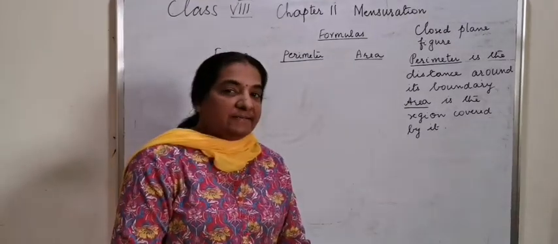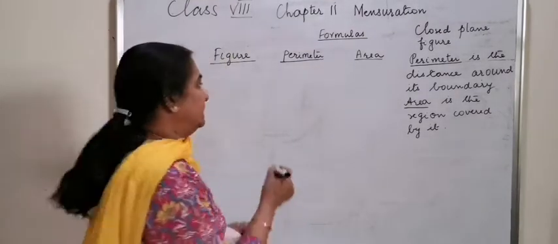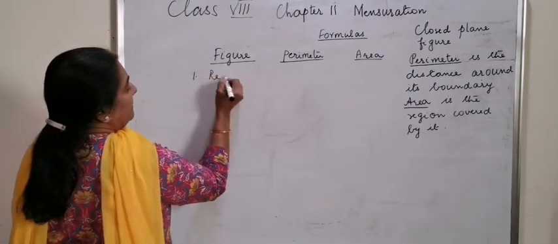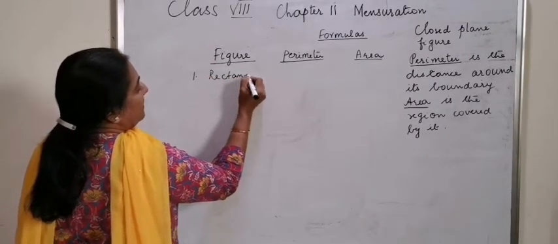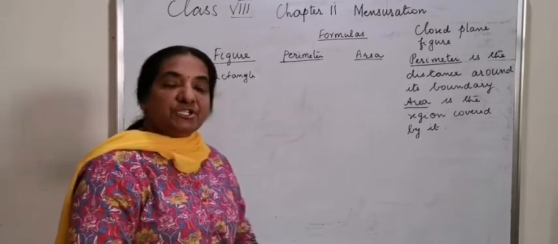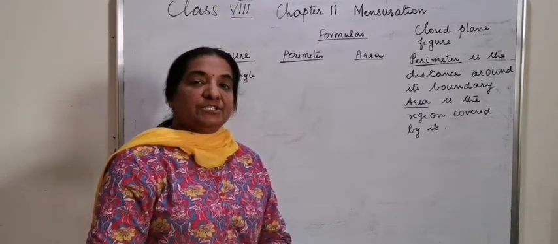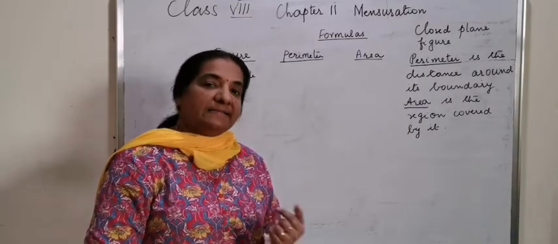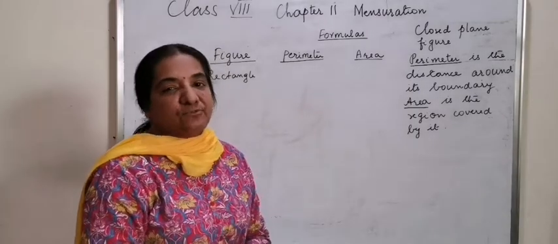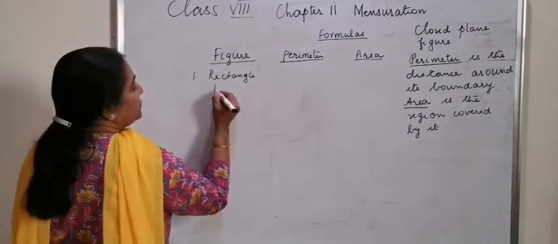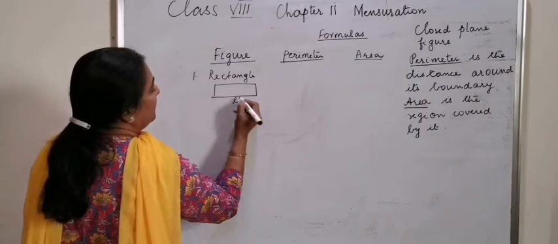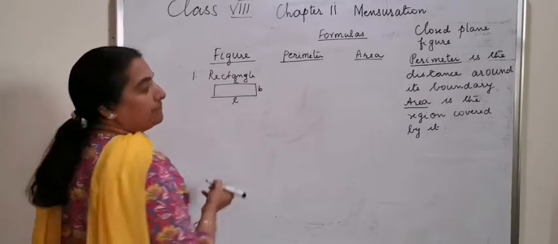The first figure is a rectangle. What are the dimensions of a rectangle? The dimensions of a rectangle are length and breadth. Opposite sides of a rectangle are equal.